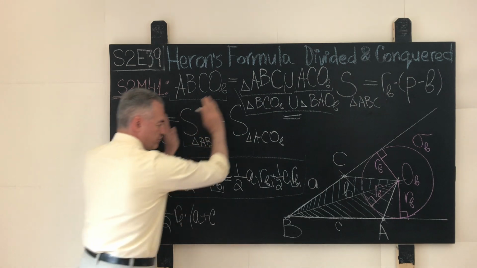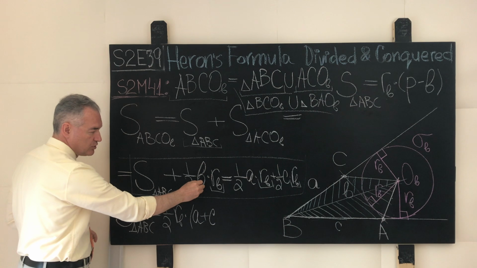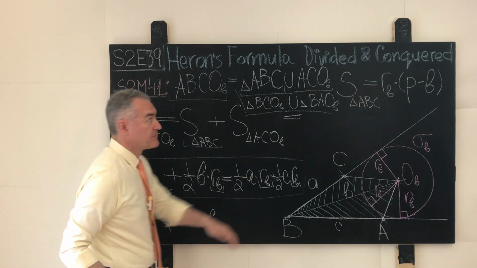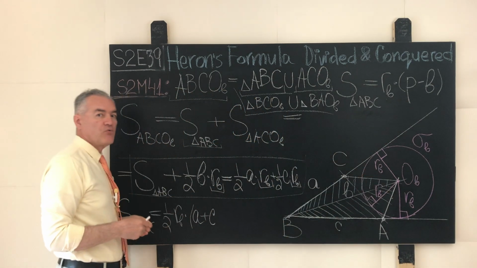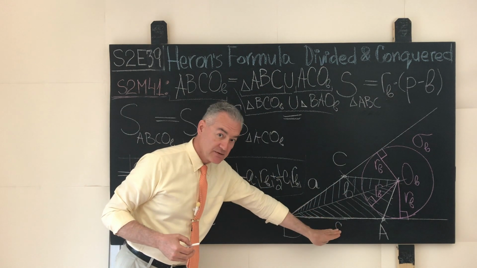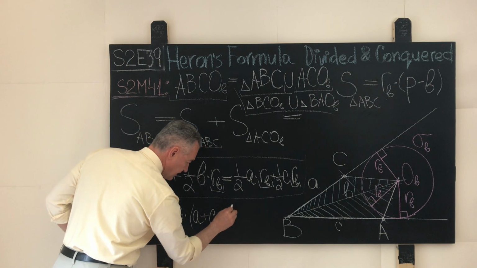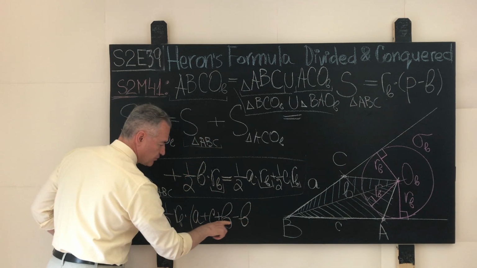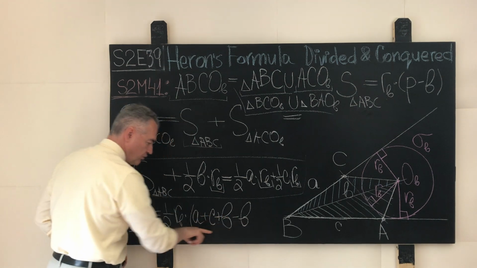This guy will jump over the equal sign to the right hand side, and the B will be here with the minus sign. But if we have A plus C, our semi-perimeter is the half sum of the lengths of the sides of the triangle A, B, and C. What is missing over here is B. And if we added it, we must subtract it. And once we subtracted it, B minus B is 0, we did not really alter the magnitude of that sum.